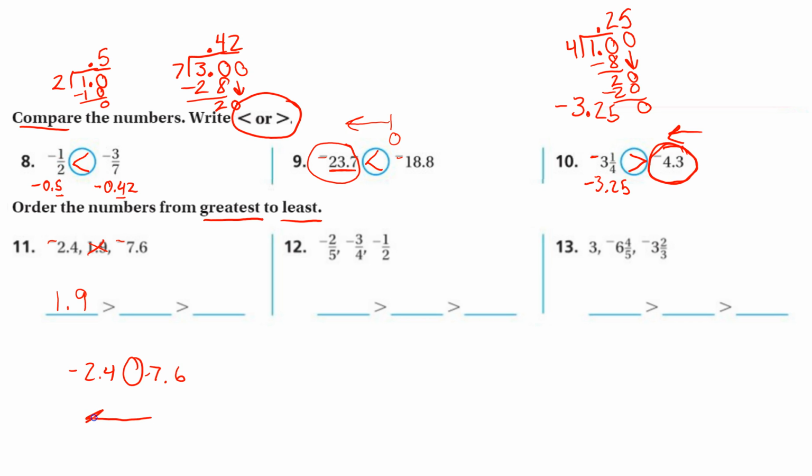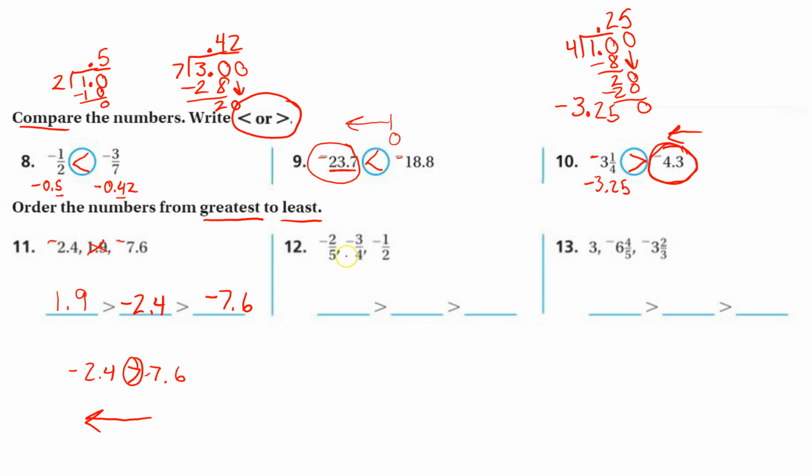Remember, think of a number line. The further to the left you go on the number line, the less valuable. So -7.6 is going to be my least valuable number, and -2.4 is going to be right in the middle. -2.4 is less than 1.9, but it is greater than -7.6.